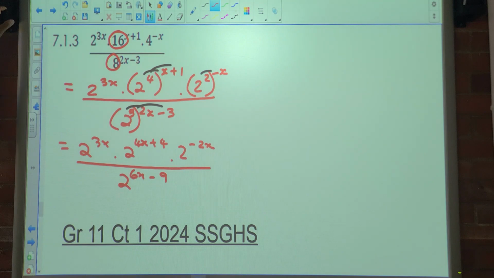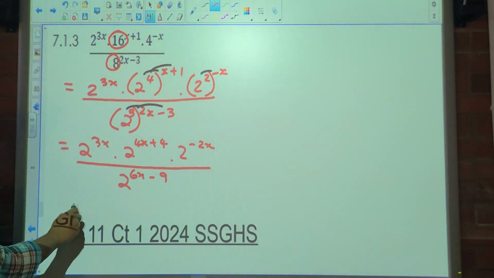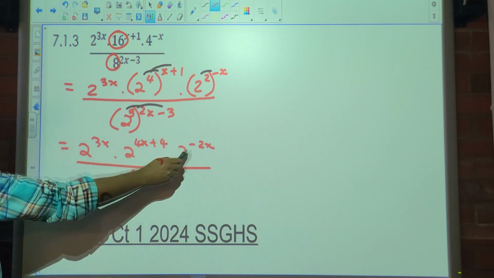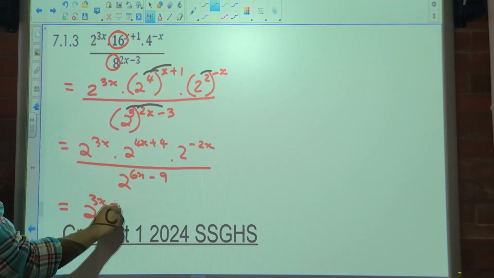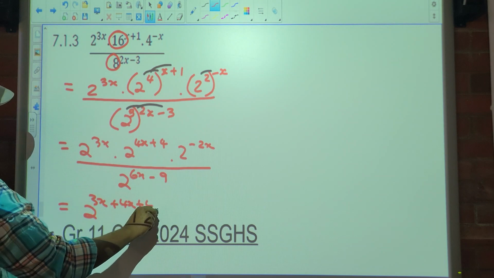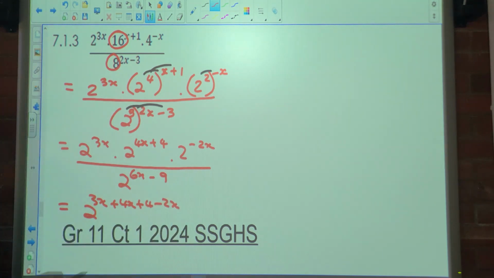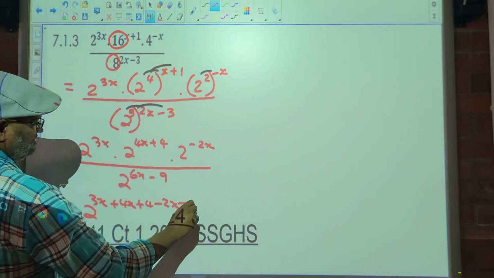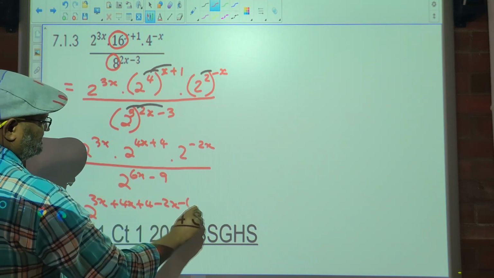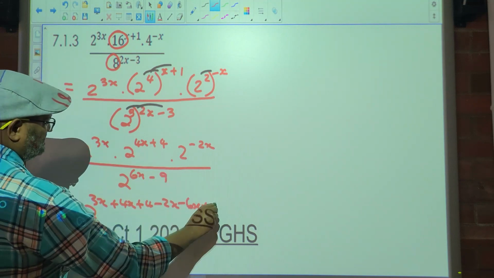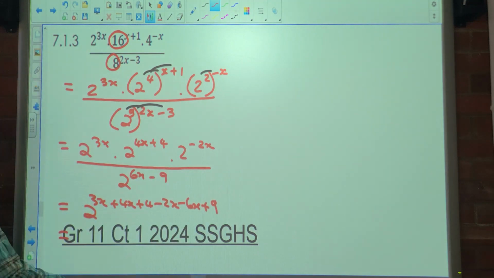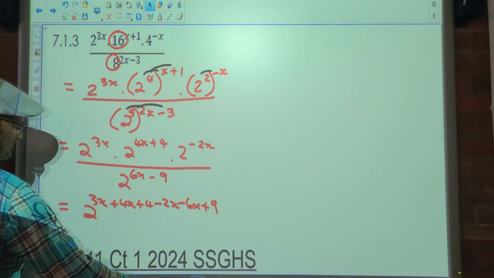Not 6, 9. 3 times 3 is 9. So when we're multiplying and bases are the same, what do we do? Add the exponents. So it's 3x plus 4x plus 4 plus minus 2x, which is minus 2x. Bring minus 6x up, it becomes plus 6x. Bring negative 9 up becomes plus 9.